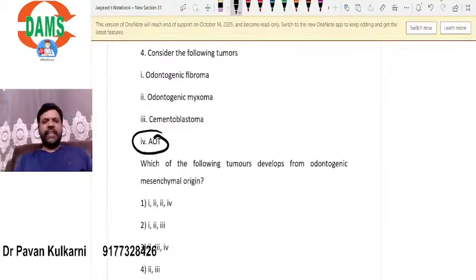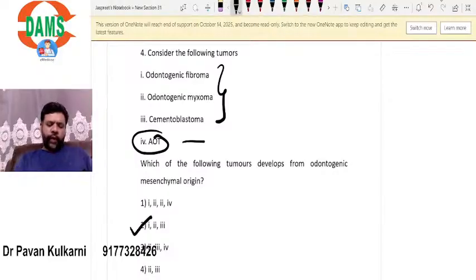AOT is epithelial. What are the other epithelial? Ameloblastoma, AOT, CEOT, and SOT. SOT is squamous odontogenic tumor. So we have ameloblastoma, we have AOT, we have CEOT, that is calcifying epithelial odontogenic tumor, and SOT, squamous odontogenic tumor, which are purely epithelial. The other 3 are classically purely mesenchymal in origin. So the correct answer here is 1, 2, 3.